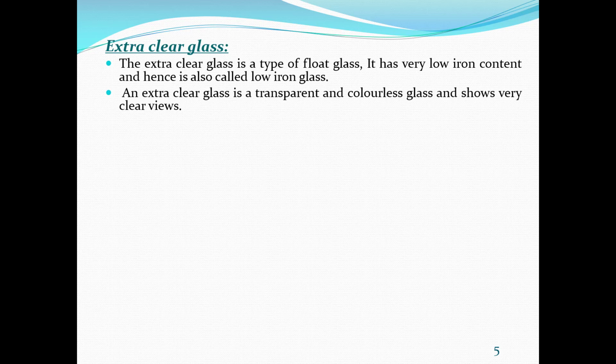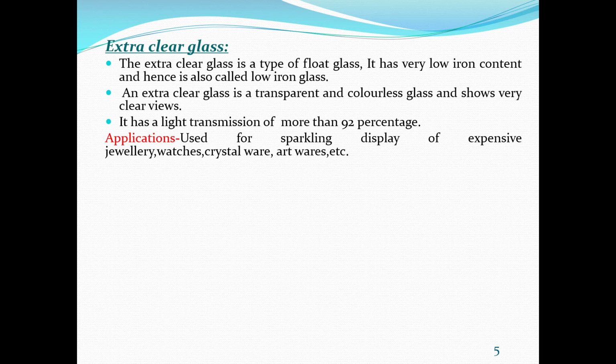An extra clear glass is a transparent and colorless glass, and it shows everything very clearly when you view through it. It has a light transmission of more than 92%, and it is mainly used not for building purposes but for the sparkling display of expensive jewelry, watches, crystalware, artware, etc.